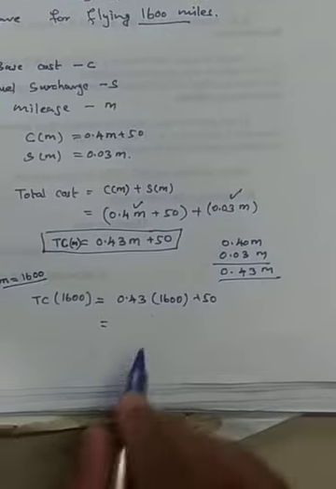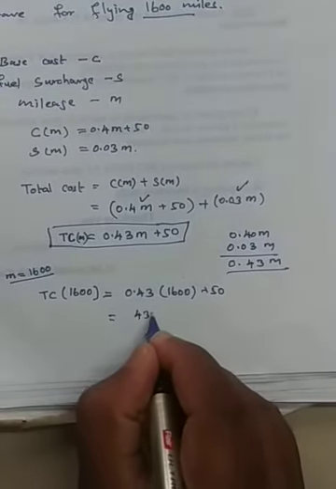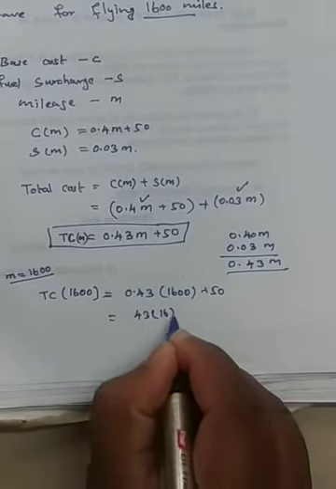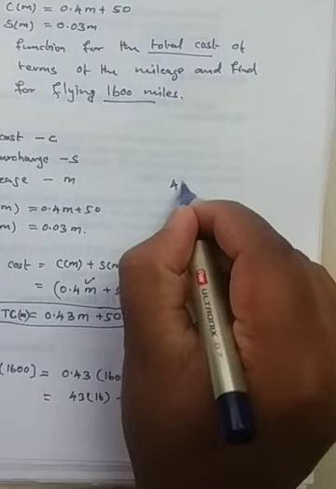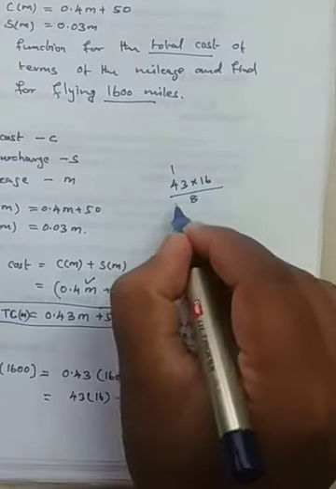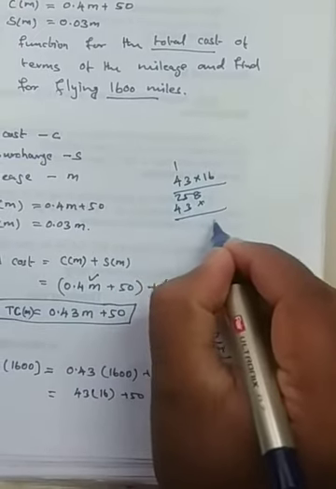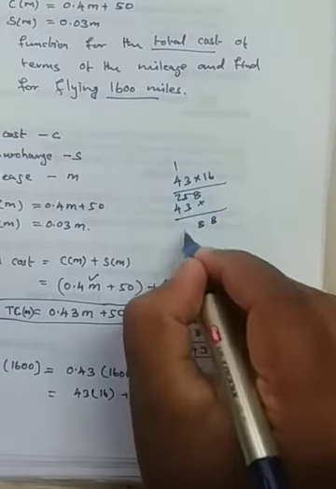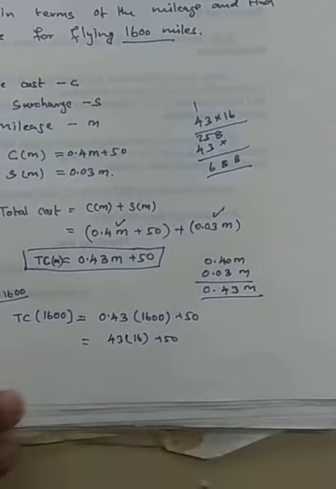You can see here 2 decimals shifted, now 43 into 16. So 6 3s are 18, 1, 6 4s are 24, 25. So 43 will come here. 8, this is 8, 2 plus 4 is 6. 688 it's coming.